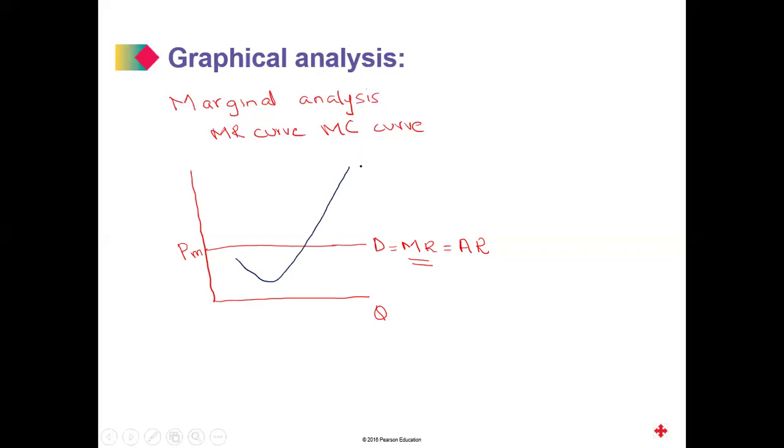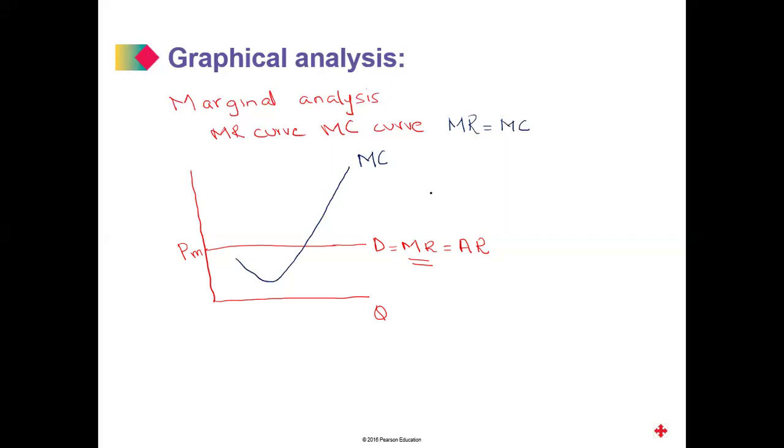So this is the shape of the marginal cost curve. We are going to do our marginal analysis by comparing marginal revenue with marginal cost, and we are going to find the best quantity when marginal revenue is equal to marginal cost.